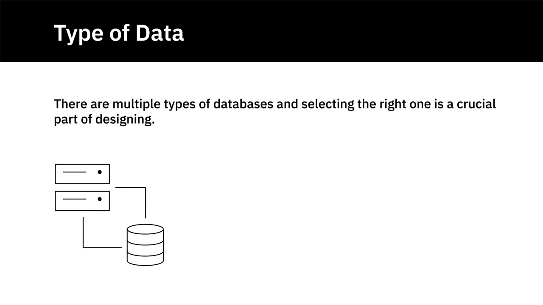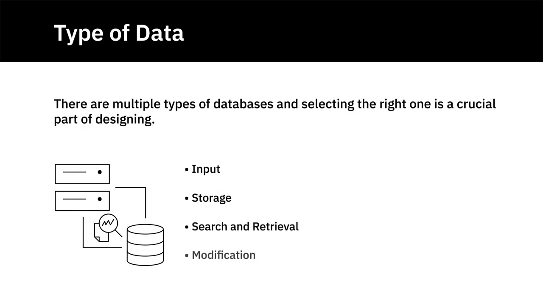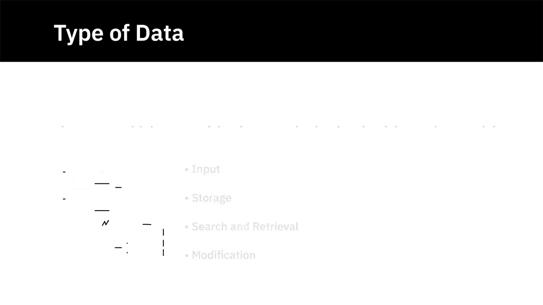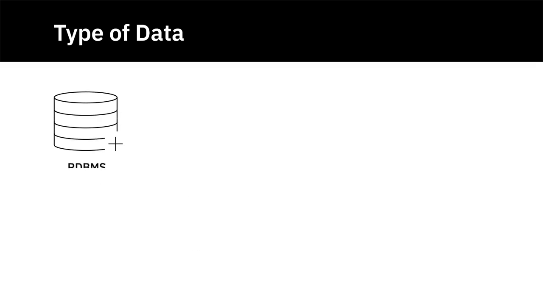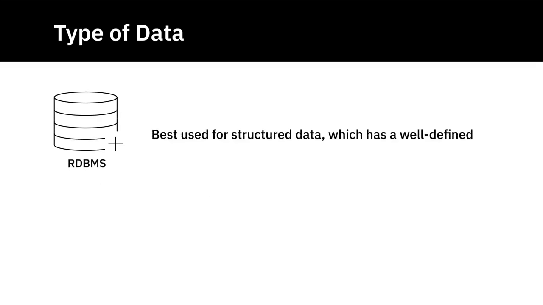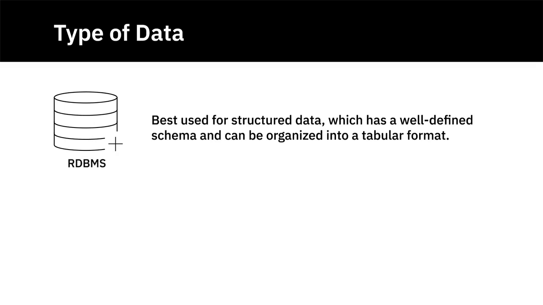A database is essentially a collection of data designed for the input, storage, search and retrieval, and modification of data. Depending on the type of data, databases can be categorized in two primary ways: relational and non-relational. Relational databases, or RDBMSs, are best used for structured data, which has a well-defined schema and can be organized into a tabular format.